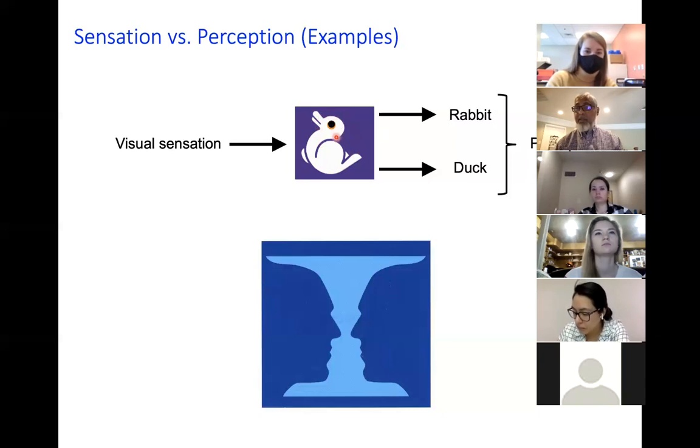Same sensory signal, someone will say, I can see a rabbit. So the difference between duck and rabbit depends on how your visual center is interpreting that image. How the visual area of the brain will interpret the signal will depend on your mindset or your previous experience.